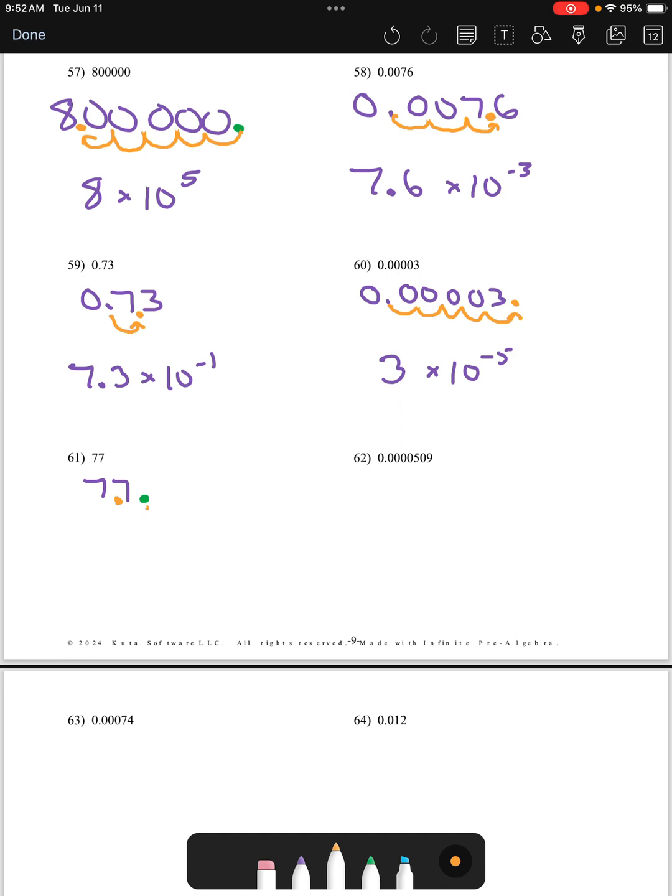In number 61, there's an invisible decimal point on the end. There are currently 2 7s on its left side. That's too many. So I need to put it between the 2 7s, which is a move of 1 spot. This means I'm looking at 7.7 times 10 to the first power.